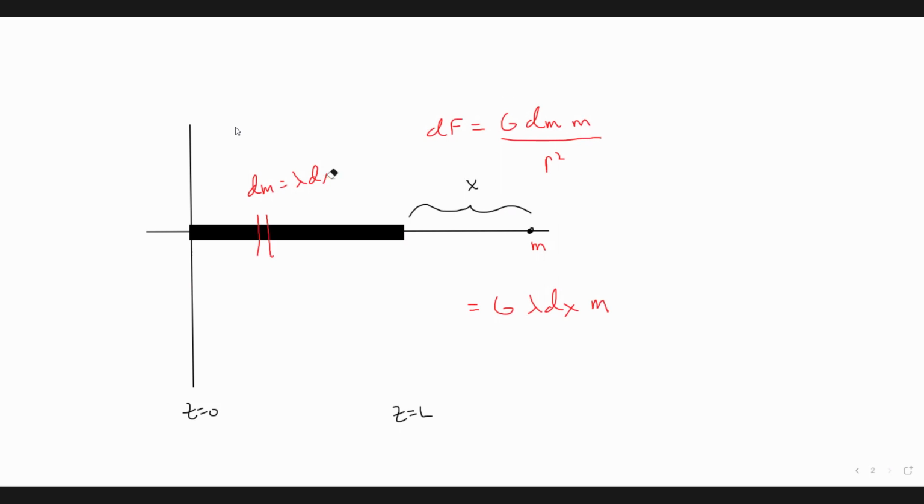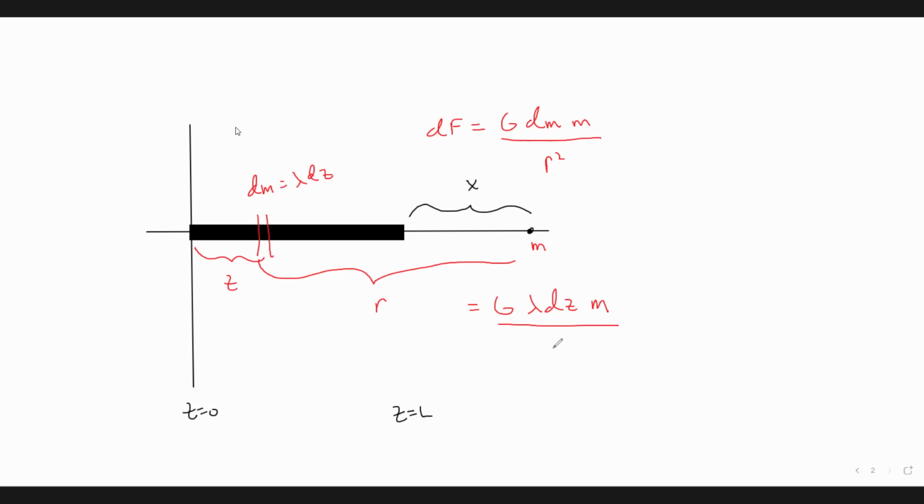We already went through this. So G lambda dz m divided by r squared. But what is r? R is this distance right here. Now this distance right here is the distance z of this differential mass from the origin.